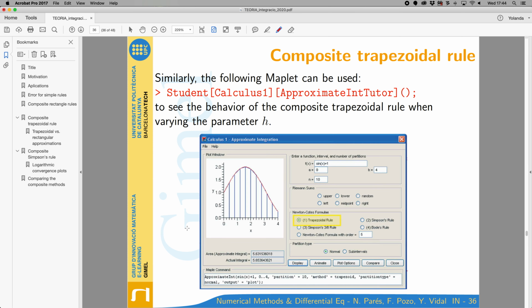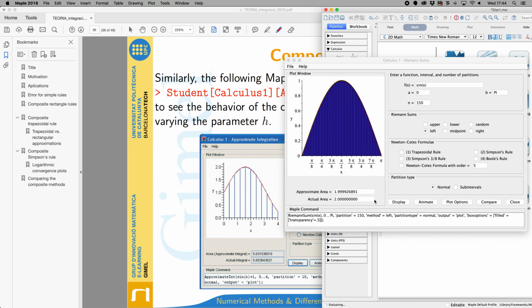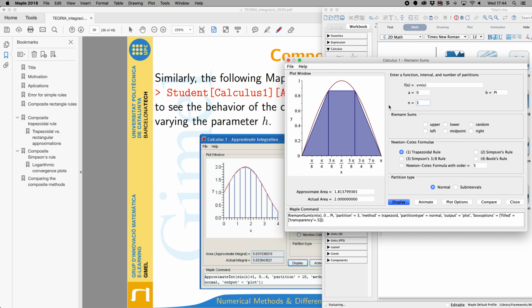And we can also see how the trapezoidal rule behaves with the Maple tutorial. In this case, we will use the trapezoidal rule. Let's switch to only, I don't know, 3 intervals, for example, or 4 intervals. And you can see how the trapezoidal rule is used in each one of the subintervals. Okay, so just clicking here, trapezoidal rule, and selecting here the number of subintervals.